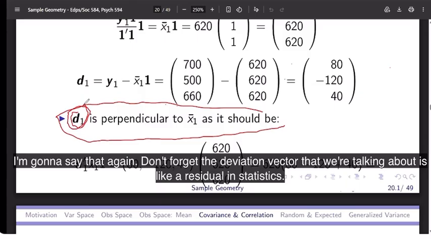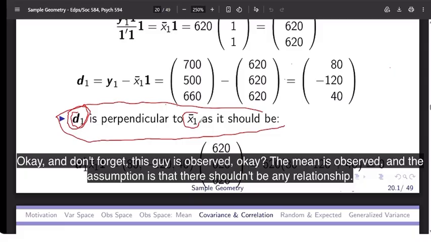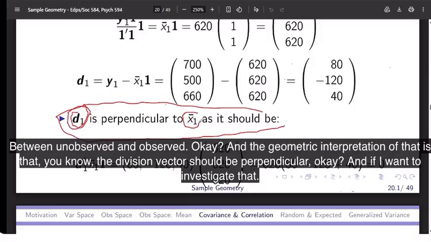The residual is assumed to be unobserved, and don't forget the mean is observed, and the assumption is that there shouldn't be any relationship between unobserved and observed. The geometric interpretation of that is that the deviation vector should be perpendicular. If I want to investigate that, what I'm going to do is this. I'm going to do the transpose.